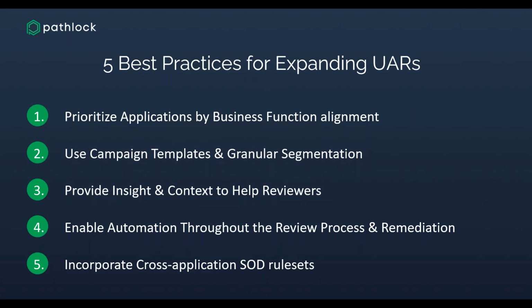We should be using flexible, repeatable campaign templates and definitions. We should also be giving additional insights to the reviewers about the users and roles so that they can make a better decision on keeping the role or removing the role. We should also provide automation for the review process and follow-up actions so that it'll be a little bit easier for the reviewer to complete their actions.